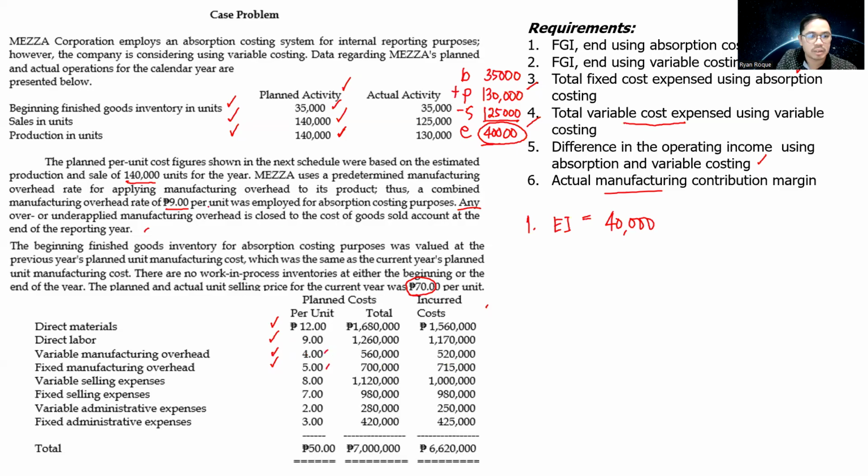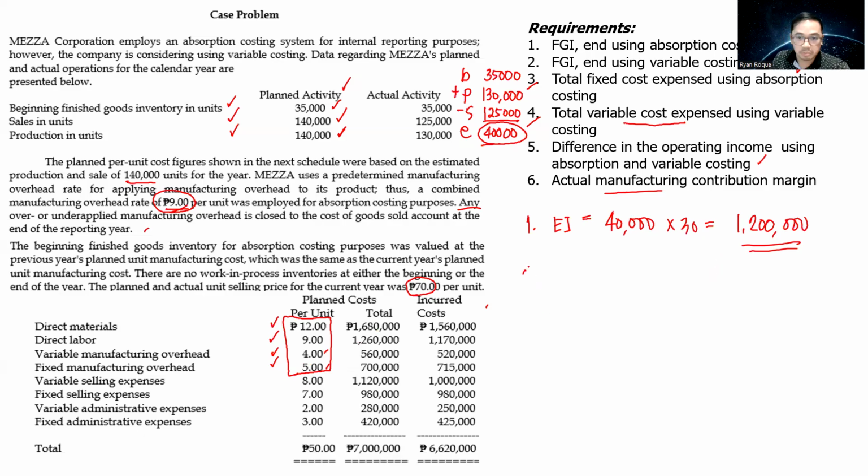Under the absorption costing method, we just have to add all these 4. So how much would be the sum? 12 plus 9 is 21, plus 4 is 25, plus 5, it's 30 per unit. So, to answer number 1, we simply multiply 40,000 with 30 per unit. So the answer is 1,200,000 or 1.2 million.